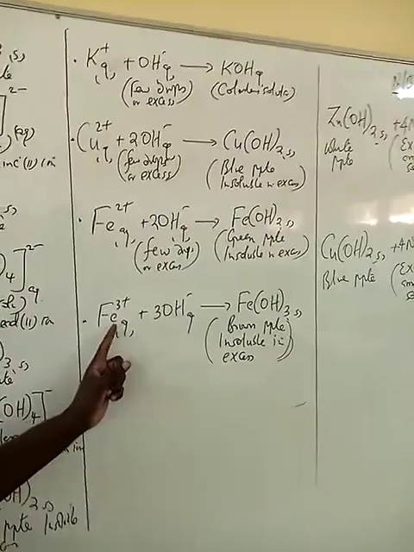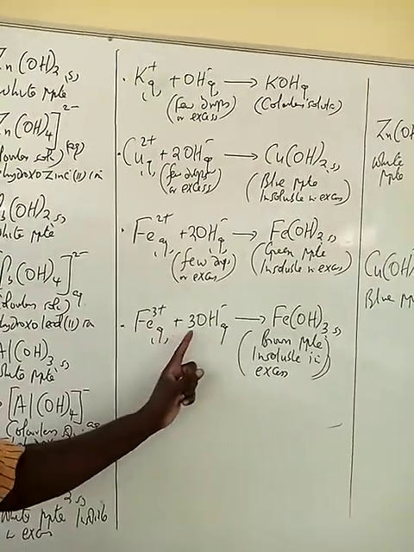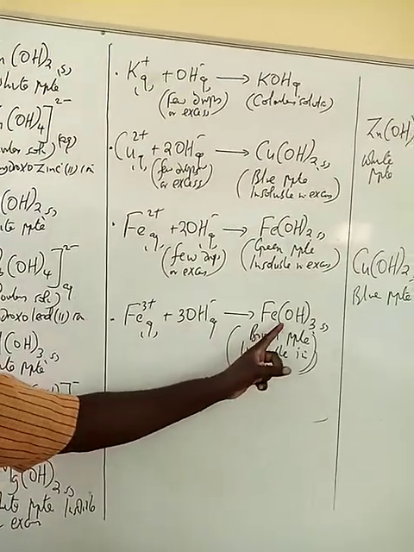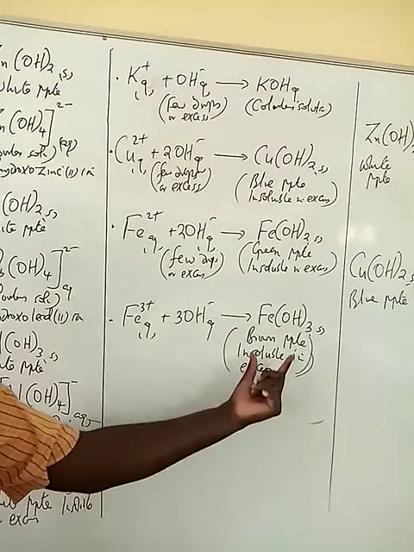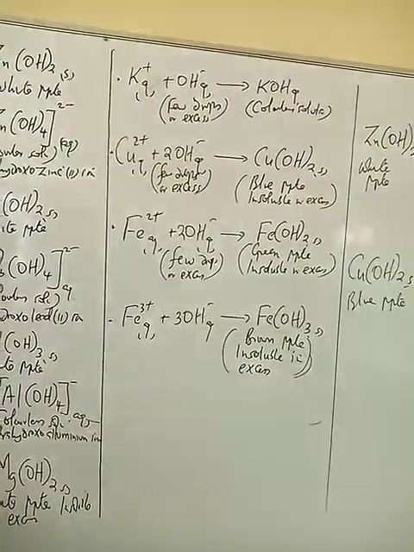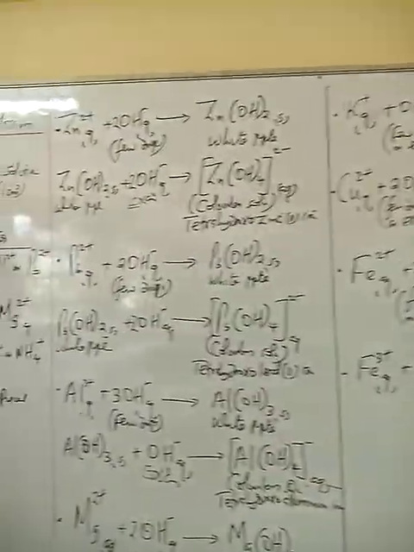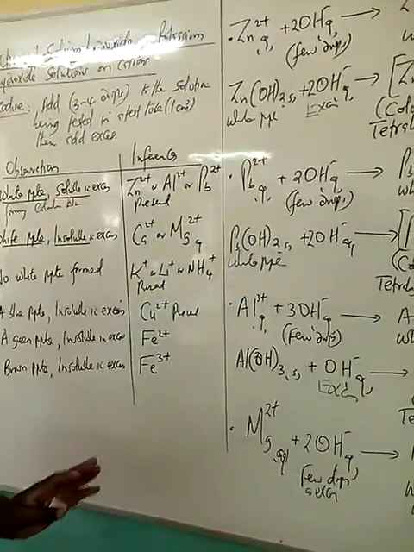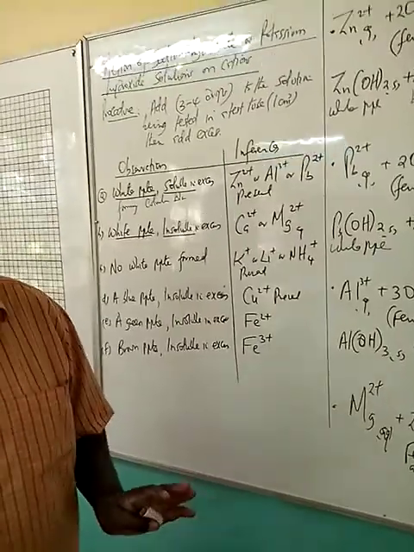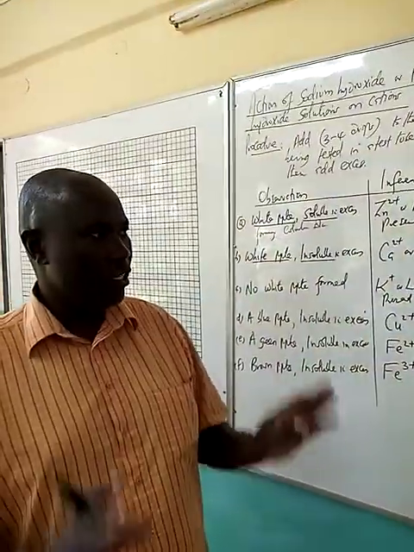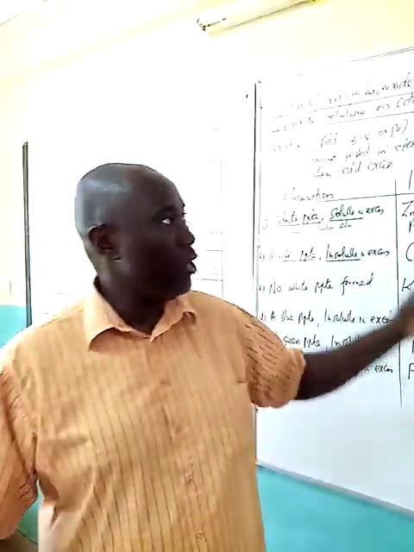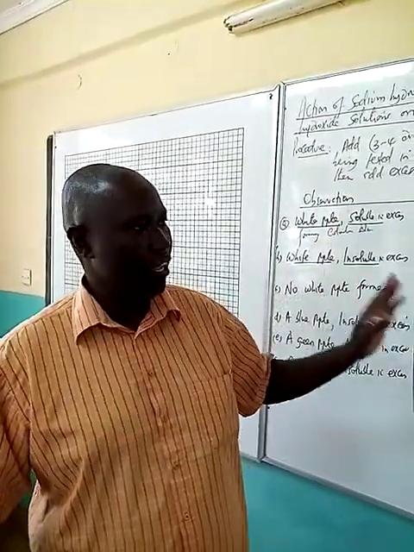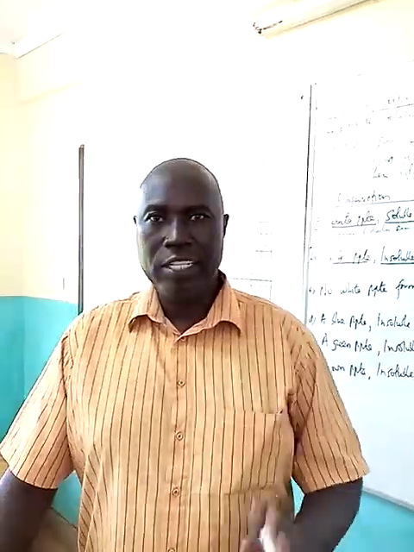Look at the ionic equation: iron 3 ion reacting with hydroxide ion, forming iron 3 hydroxide, which is a brown precipitate. The precipitate will not dissolve if there is no complex salt formed, but the precipitate dissolves if a complex ion is formed. So that is how you use sodium hydroxide to identify the cation. Thank you. Let us meet in the next lesson.